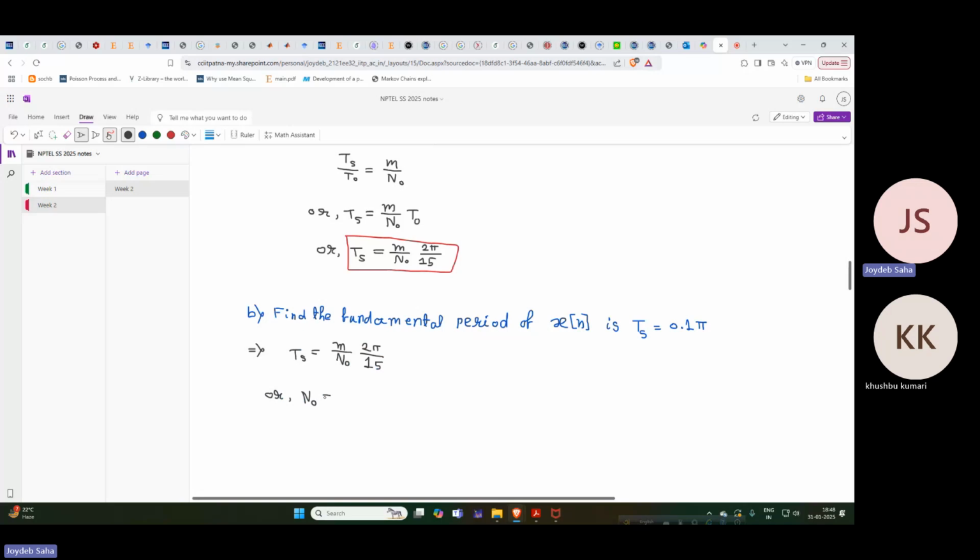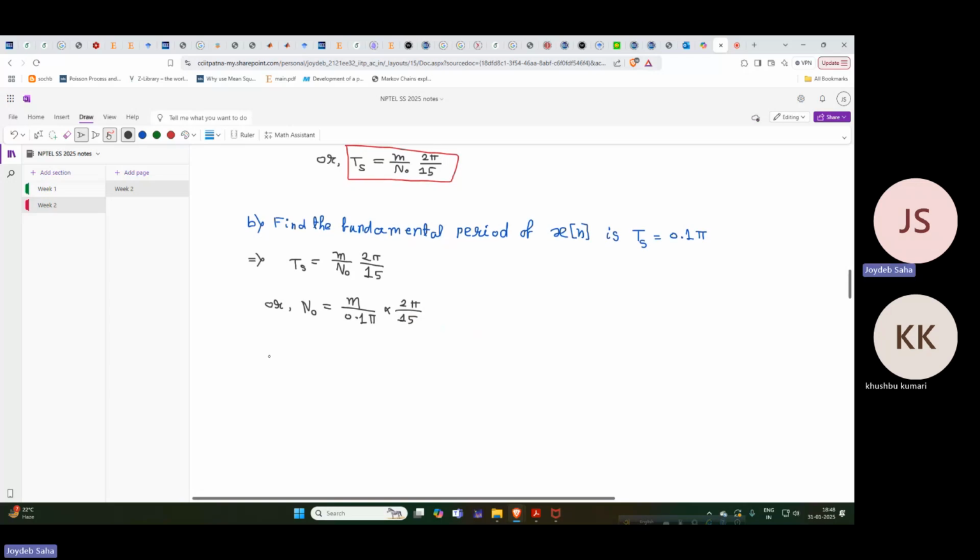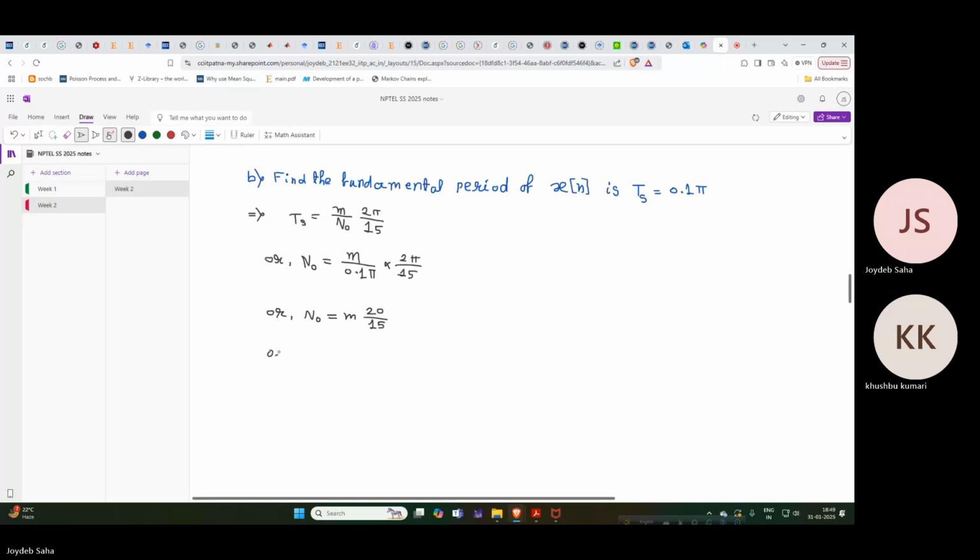So N0 is equal to m upon 0.1 pi into 2 pi upon 15, or N0 is equal to m into 20 upon 15, or N0 is equal to m into 4 upon 3.